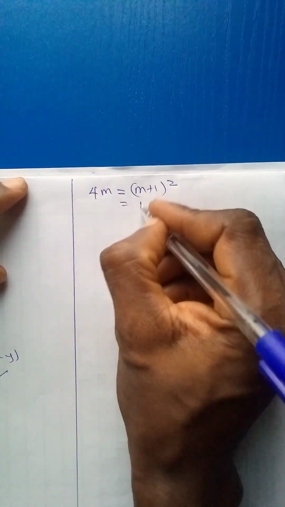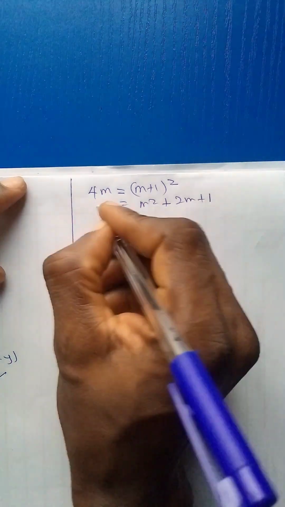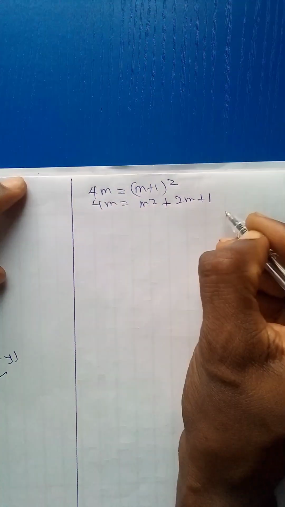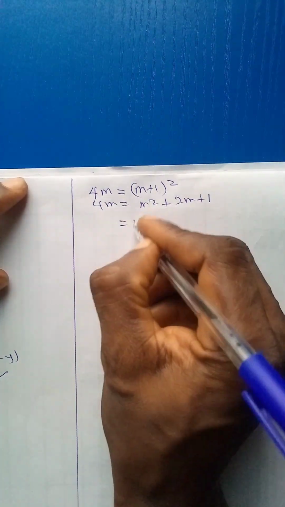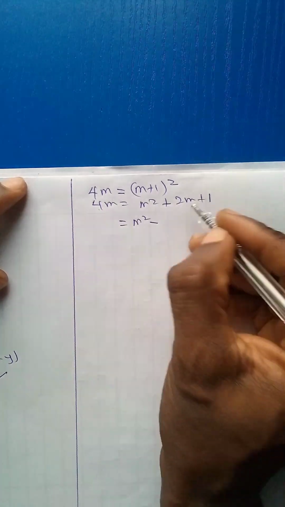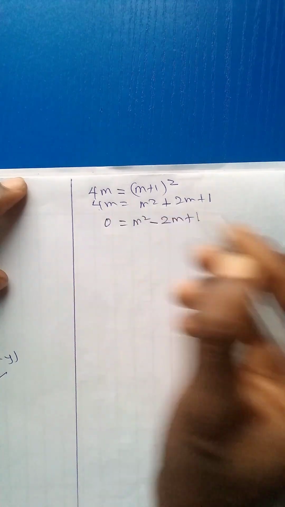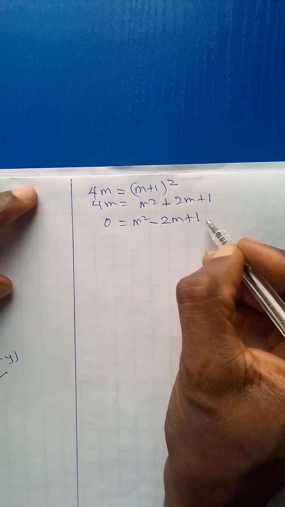Opening this bracket, I have m squared plus 2m plus 1 equals 4m. I have a quadratic equation. Now let me throw everything to one side. It becomes m squared minus 4m plus 2m, which will give me minus 2m, plus 1 is equal to 0. I can factorize this.